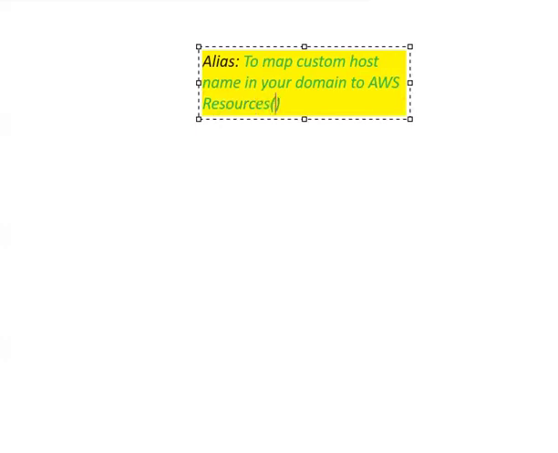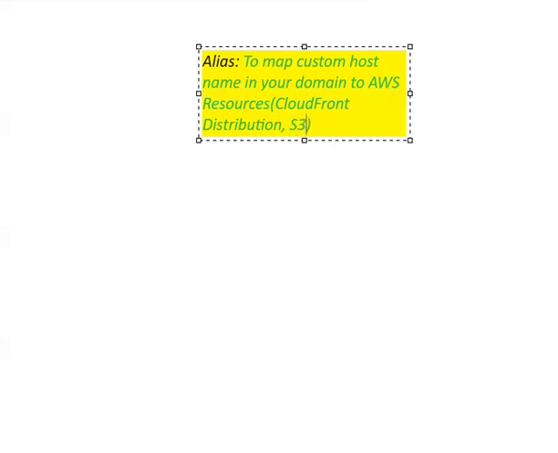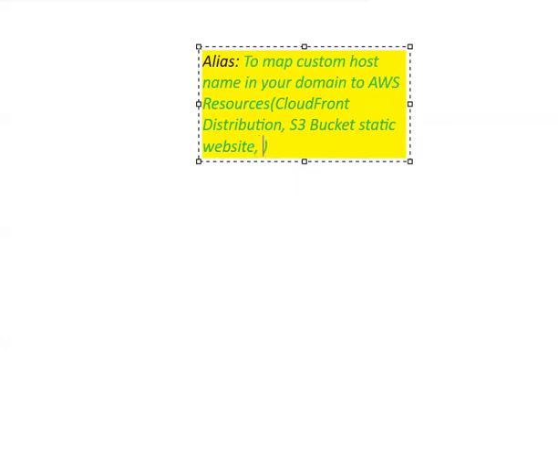You can take resources like a CloudFront distribution, and you can map it to a CloudFront distribution and an S3 bucket website, which is the static website that you created by using the S3 bucket.